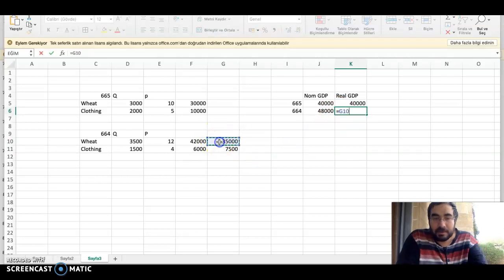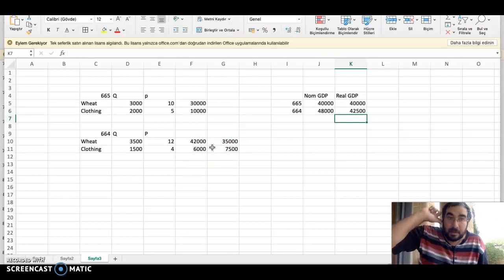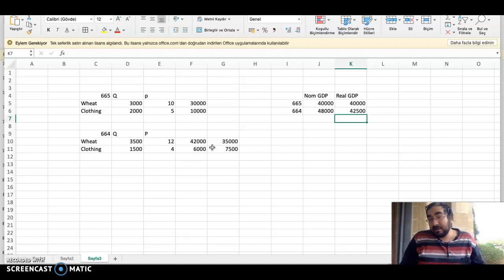And here, actually, we see another discussion. In 664, for some reason, people value wheat more and clothing less. It's not a gradual increase in prices, but we take the valuation of the people in 665. So price valuations might reflect people's valuations, but we fix that valuation.